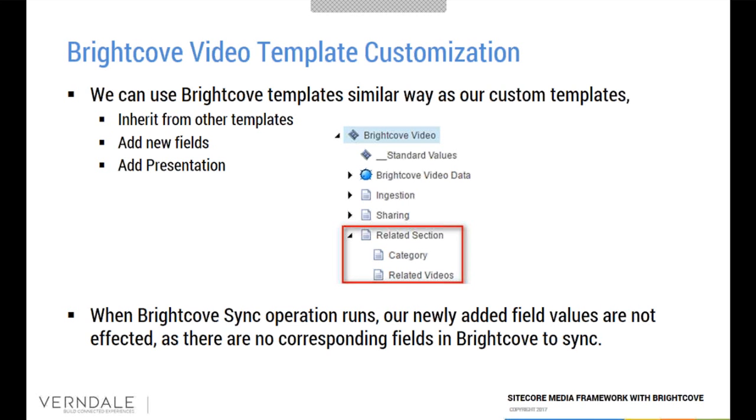We can add a presentation to this, so that these video items become directly page templates, where we have a layout to load the video. And if you see on the screen here, I have added a related section, category, and related videos.